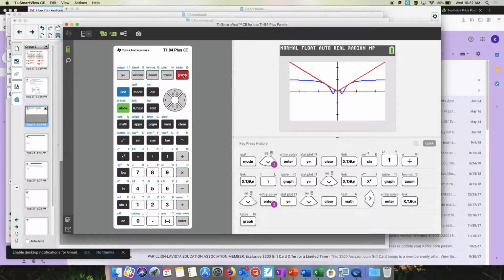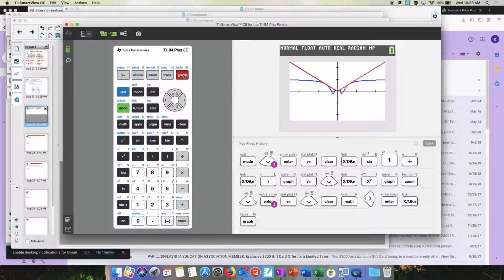How do you graph absolute value? If you go to math and arrow over to numeric, ABS is absolute value. Yep, that's the absolute value of x.